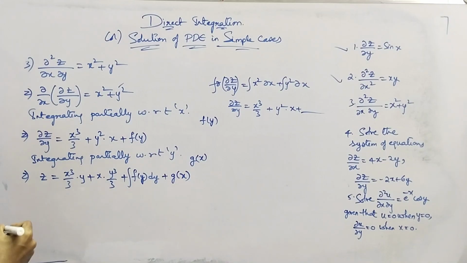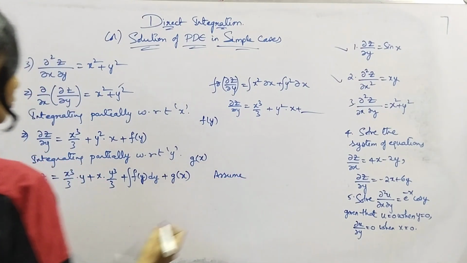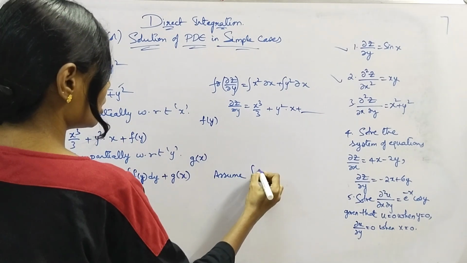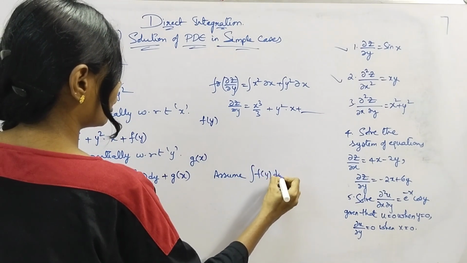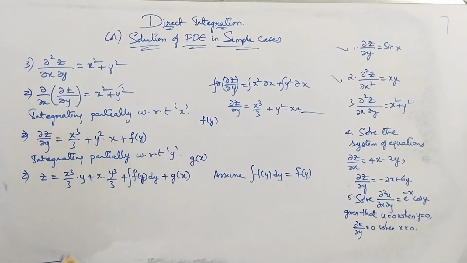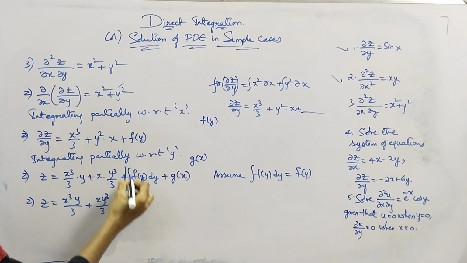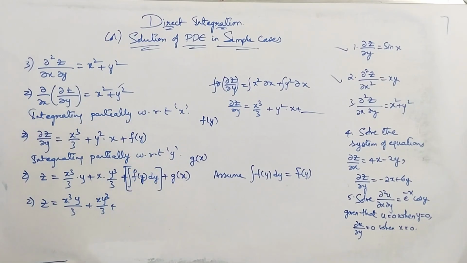Now assume integral f of y dy equal to some capital F of y, say. Then you'll get z equal to x cube y by 3 plus xy cube by 3 plus, we can write this as, because we don't know the exact value of integral f of y dy.